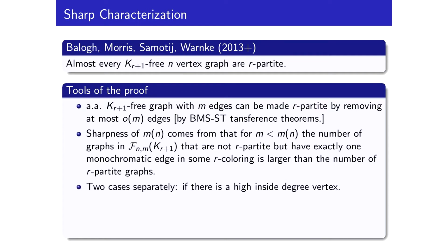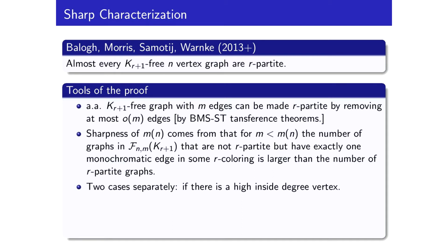And the proof is fighting with two cases accordingly. One case is when there are vertices in an optimal partition. The optimal partition is a partition which is a max cut. So one case is when there are vertices which have large degrees in their own class, and if I oversimplify 10 pages of proof, then the counting is that if you have such a vertex with high in-degree, then it has many neighbors in the other class.